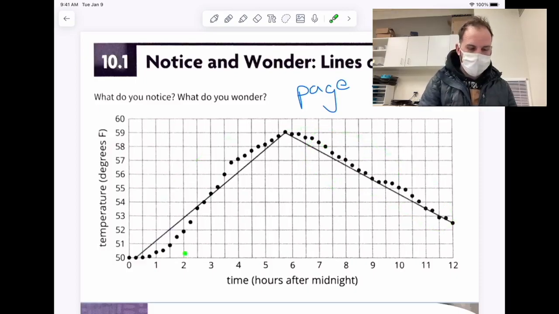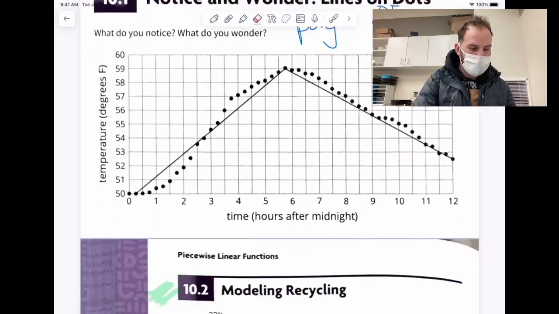The lines together make a nonlinear function. So this is what a piecewise function is. The reason they call it a piecewise is because it uses pieces of linear functions to graph a piecewise function. So we've got this piece here and this piece here. Ta-da! That's what we're looking at today.